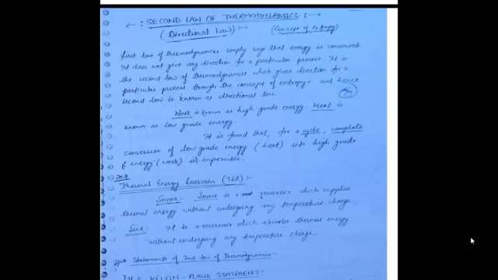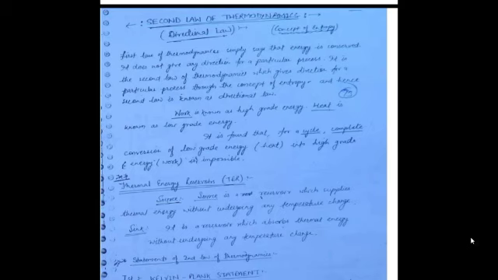That means it does not give any information regarding the direction of a particular process. That means in which direction this process is carried out, it does not give any information regarding that. So this is the main drawback of first law of thermodynamics, that the first law only says that energy is conserved, but it does not give any direction of this particular process.